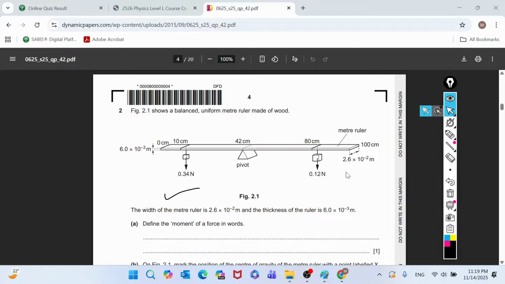A balanced uniform ruler means the center of gravity is in the center of the ruler. It's a meter ruler, so it's 100 centimeters, so it's 50 centimeters. So it's going to be somewhere after the 42. So this is X, its force is applied down like this, and this distance is 50 centimeters. That's basically what they want from you.